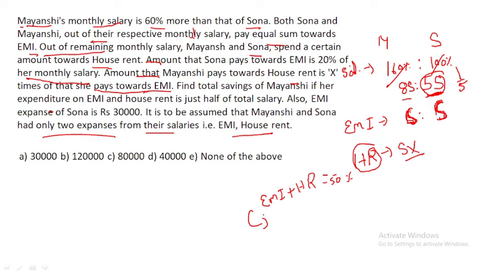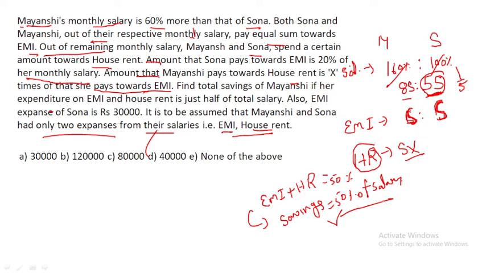And at the end, one more thing is given to us, that they are just spending money on two expenses from their salary, EMI and house rent. So what can we say? Her savings will be 50% of her salary, or not? Yes. So that will be 50% of the salary for Mayanshi.